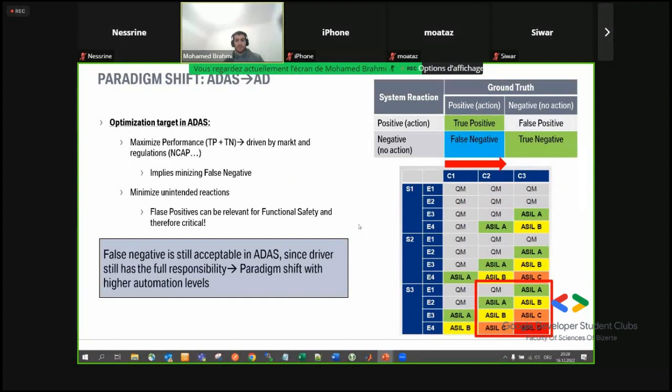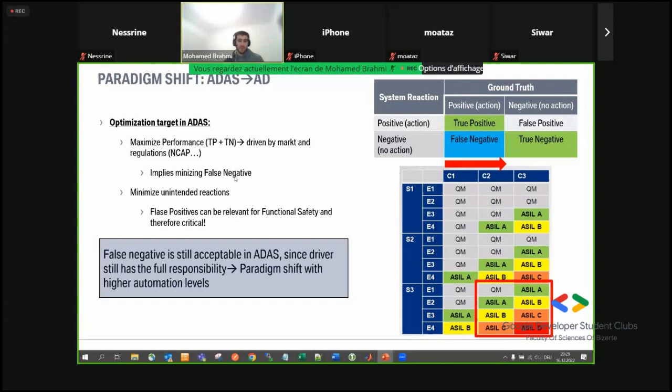This is another aspect, but it's a little bit complicated, but I will still try to explain it in a very simple way. So basically, the optimization target in ADAS, that means right now, when we are developing a system, what we want to do there is to maximize the performance.